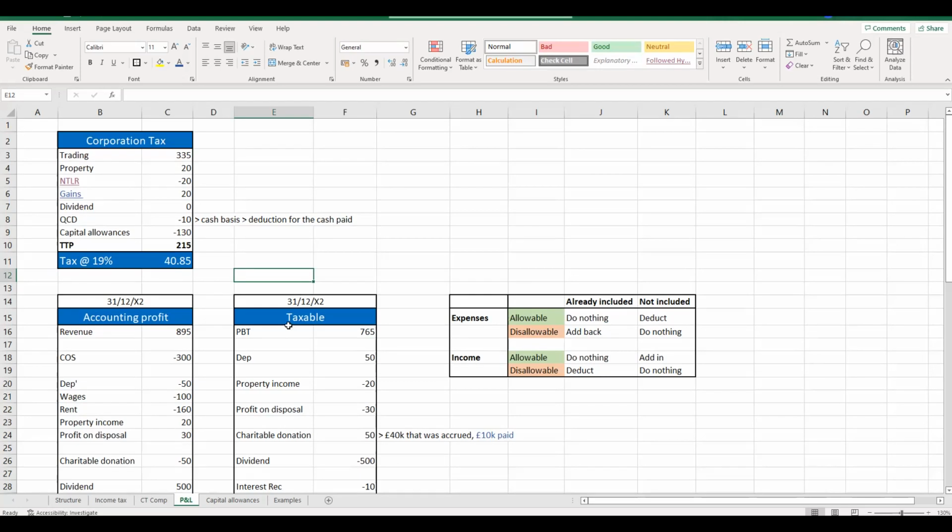Very different to individuals, where of course an individual sole trader could have any year end that they wanted to prepare their accounts, but the tax that they were going to pay was always worked out from the profit that would go on their tax return in a particular year using the basis of assessment. That doesn't happen for corporation tax. Corporation tax is, like I was saying, based on the year end, and then secondly, the size of the company.